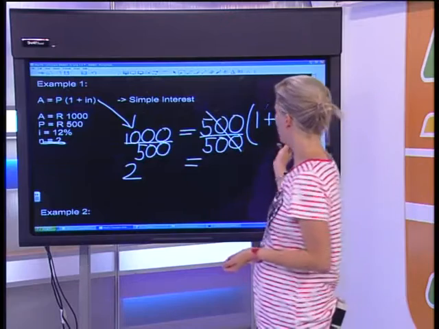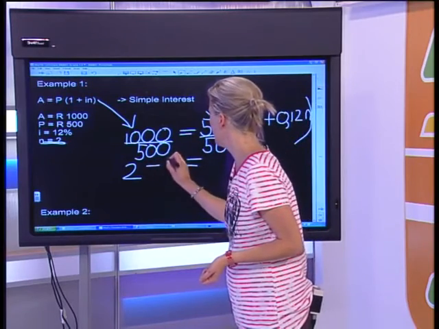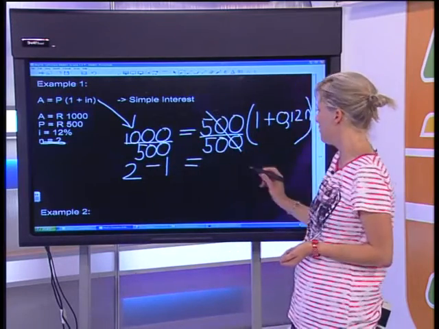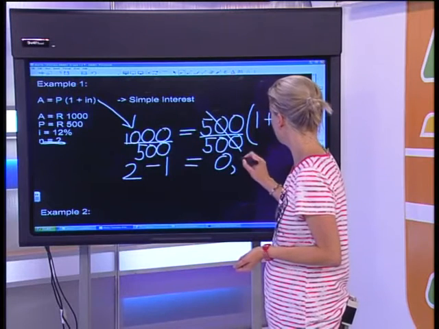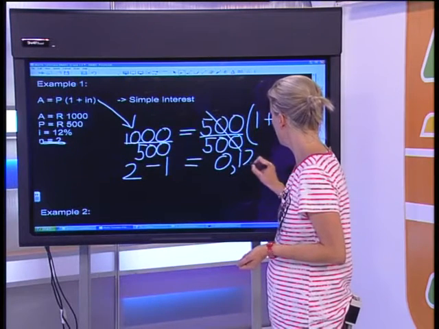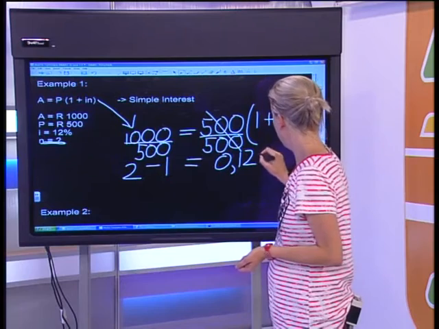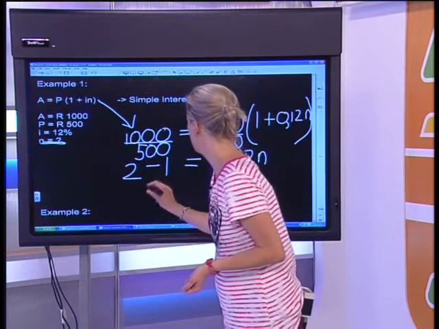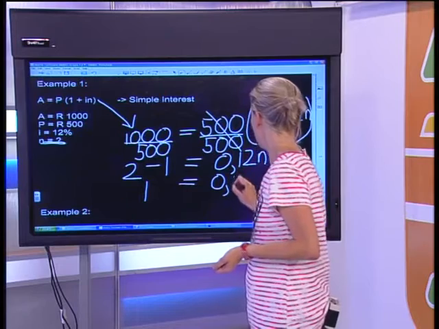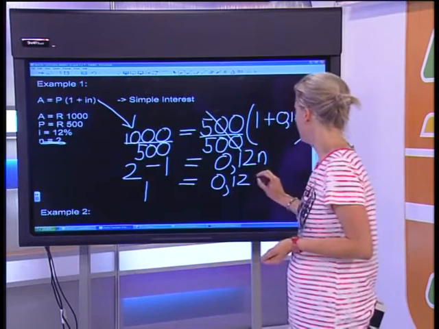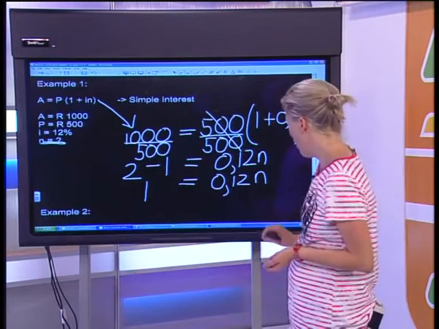I'm going to take the 1 over to the other side and subtract it. I hope you guys are still following. So then I have 0,12n is equal to, and on this side I have 1. And of course now I need to divide by 0,12 on both sides.